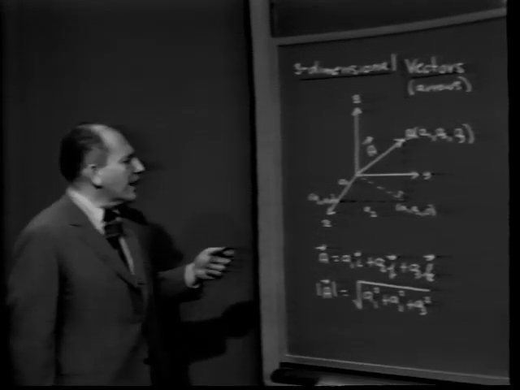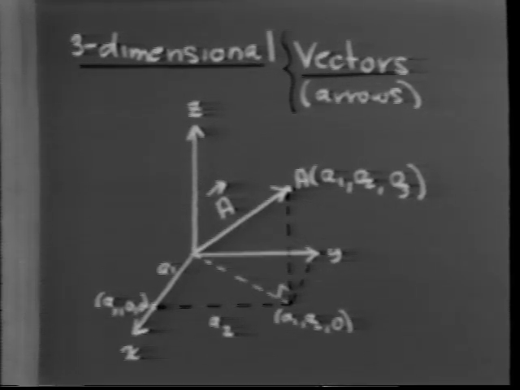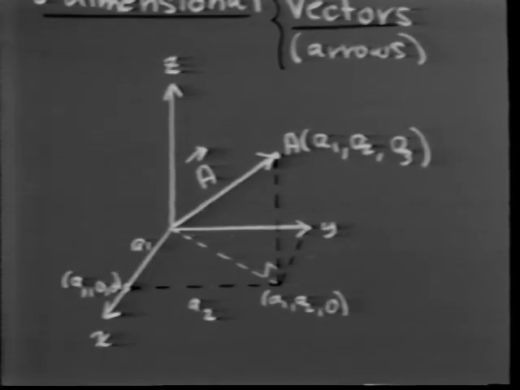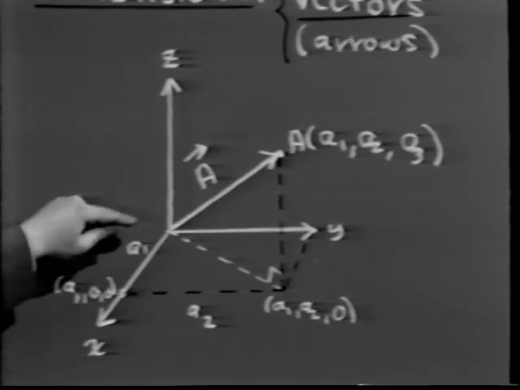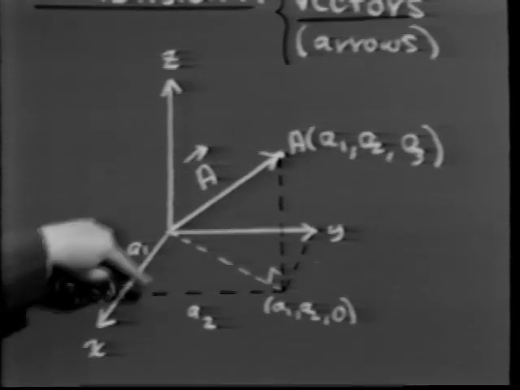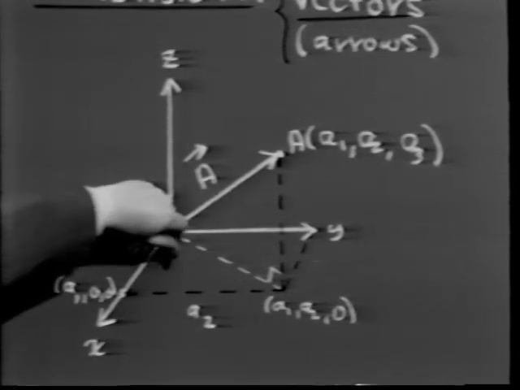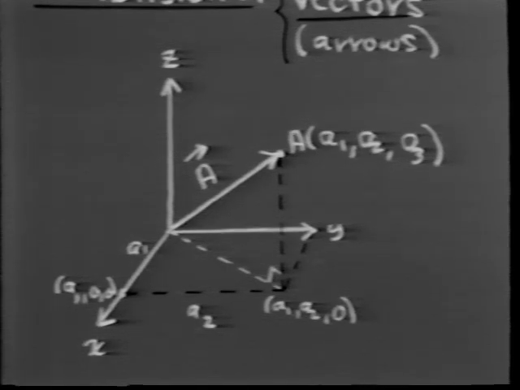But the idea is something like this. In three-dimensional space, we have a natural extension of Cartesian coordinates. Rather than talk about the xy plane, we pick a third axis, a third number line which goes through the origin, perpendicular to the xy plane, and which has the sense that if the x-axis is rotated into the y-axis through the positive 90-degree angle, the z-axis is in the direction in which a right-handed screw would turn.